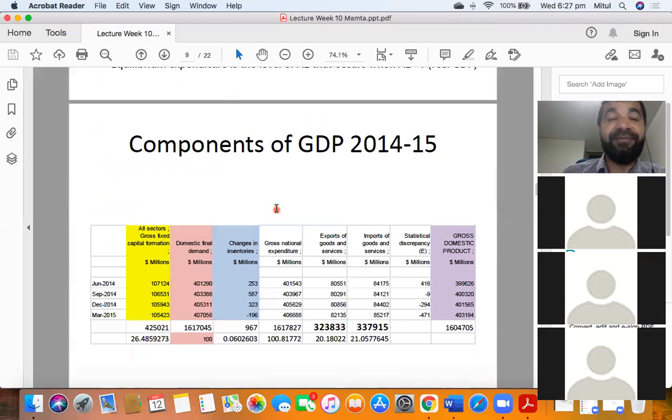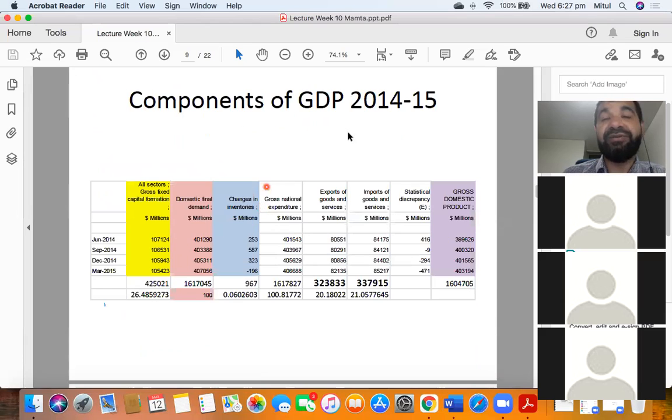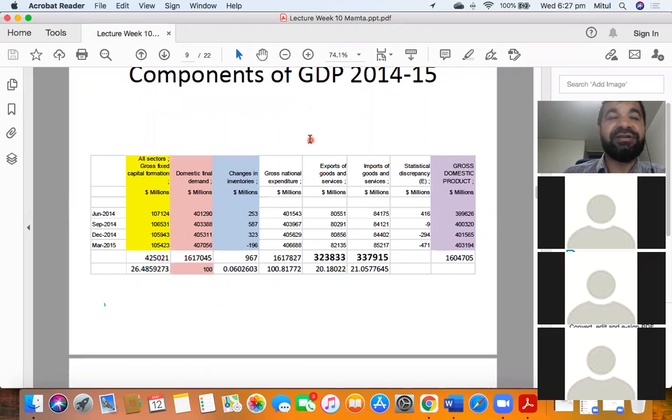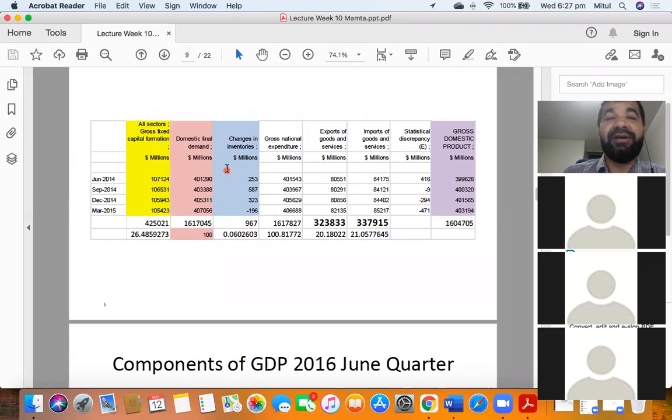Okay, in Australia, we are showing you here the components of GDP in 2014 and 15. How much is our GDP in Australia? You can see here gross national expenditure, export of goods and services, import, X minus M. Those are the discrepancies, the changes in inventories, domestic final demand, all sector GDP, fixed capital formation. So these are the various figures.